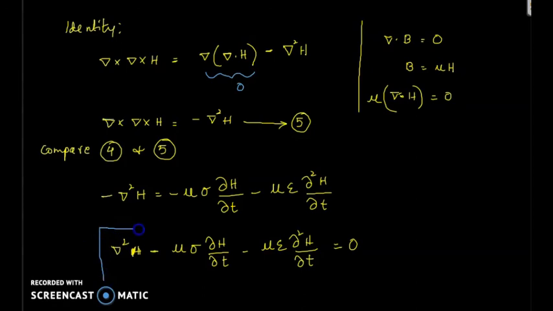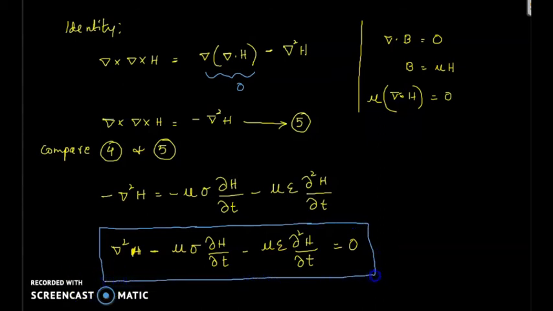Now look at the expression. All the terms consist of H. In the previous expression, all these terms were E. Now all the E's are replaced with H. Hence, this is the wave equation in terms of magnetic field.